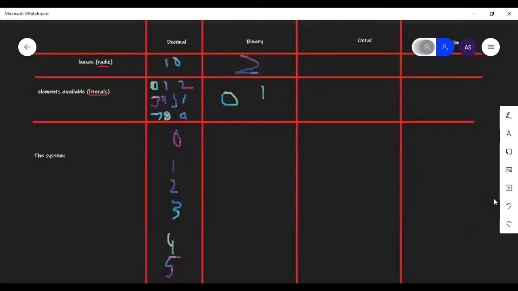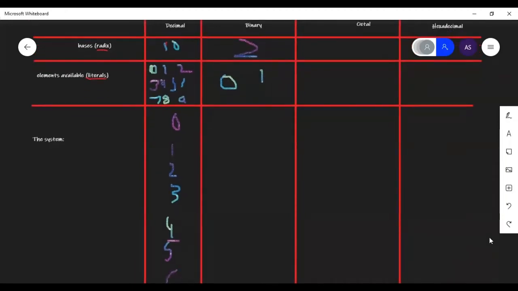So we're going to look at the different places we have: 1, 2, 3, 4. Then 0 will be four zeros. 1 will be this, and then 2 will be this, and then 3 will be this.